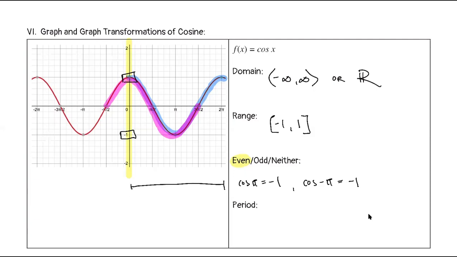So we know that one wave takes 2 pi to happen. So the period is 2 pi. Okay.